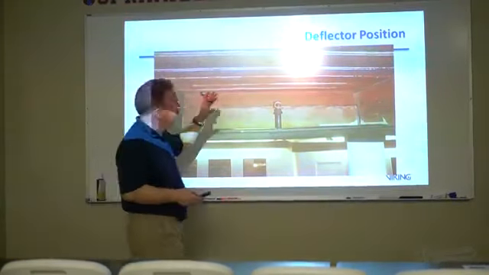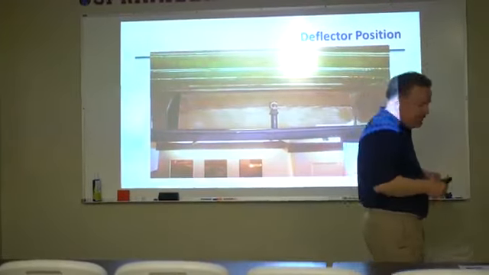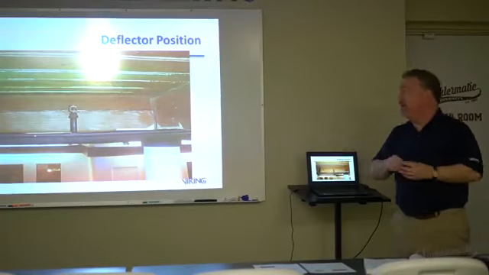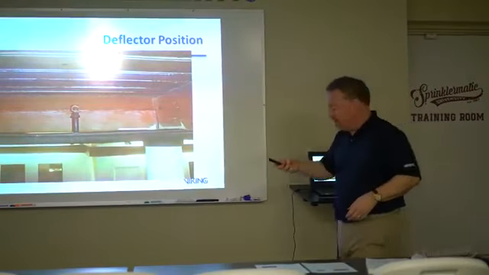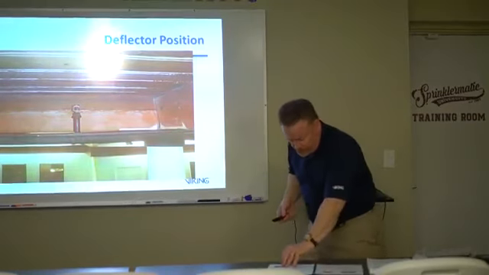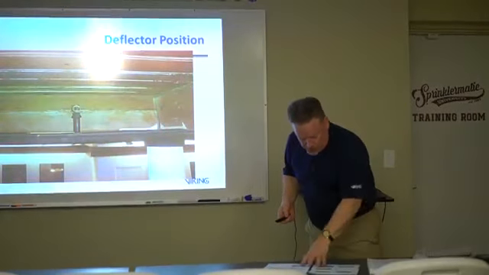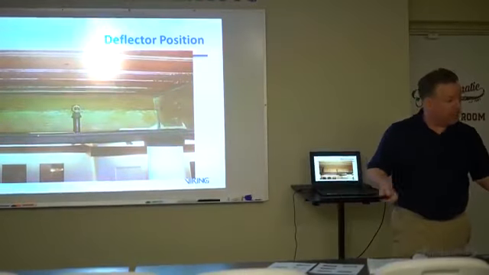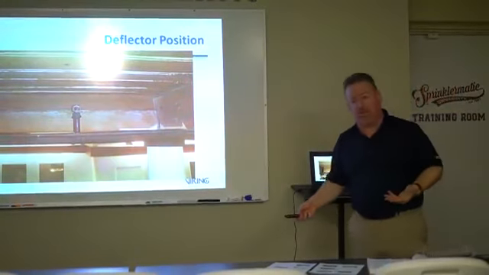Now sprinkler deflector position is mostly an issue when it comes to distance from the ceiling. And distance from the ceiling is going to have a couple of different things that we need to look at, mainly depending on the type of ceiling that we're looking at. Is it unobstructed construction or obstructed construction?